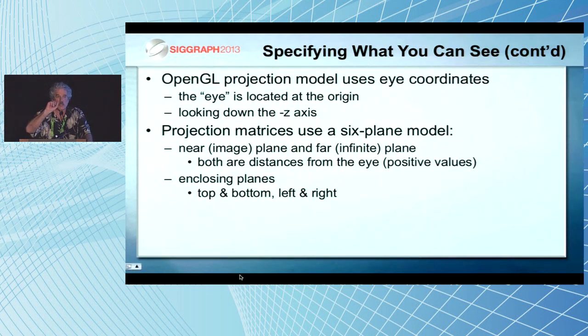And always the near plane is closer to you than the far plane. Okay? Now, as I said, you're free to do it any other way because the fixed function pipeline did it. But I think that's the standard way in all the graphics literature, is to think about the distance from the camera to the near plane and to the far plane. And generally those don't have to be, but generally those are positive distances.